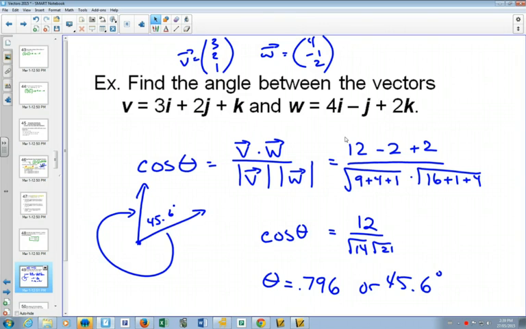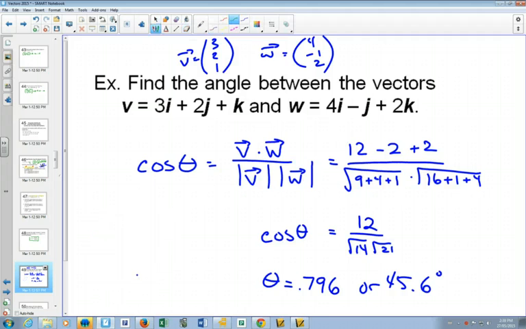Now, what I find is really fascinating about this is if we would imagine drawing this in 3 dimensions. So here's our x, our y, and our z axes. 3, 2, 1 would mean going over 3 in the x, 2 in the y. So that would get us to this point and then move us up 1.